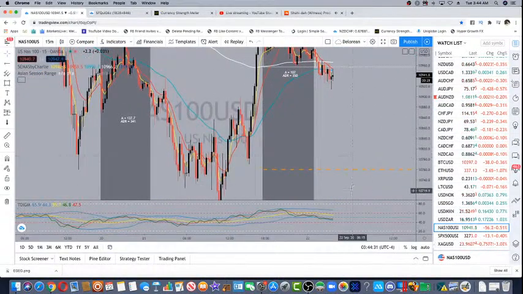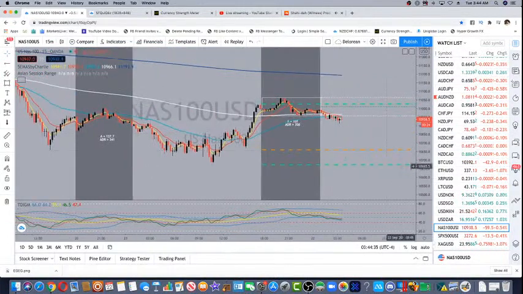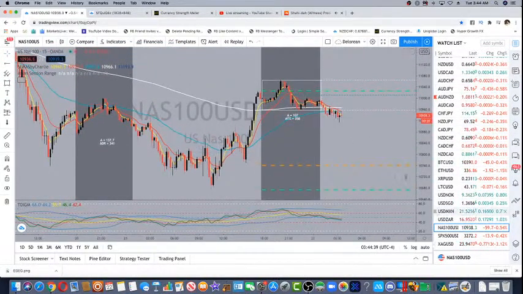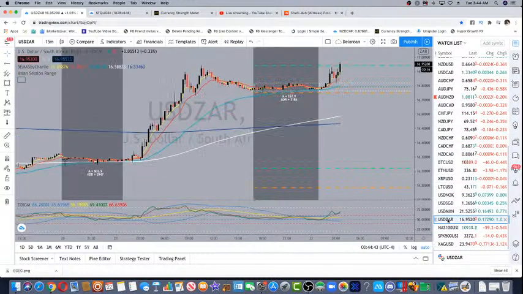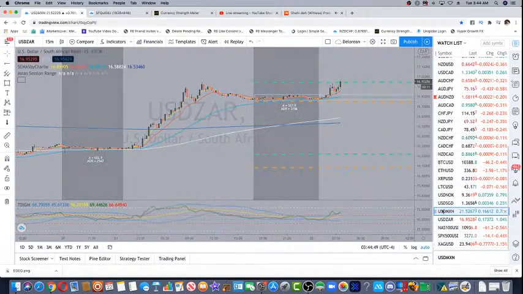We'll take that. I bet you to come down here. Zar throws a lot of pips. No, that's Nas 100. I thought that was Zar. My bad. So we'll see what happens. Zar taking off. Did it give us any? No, Zar just took off. Take it max.